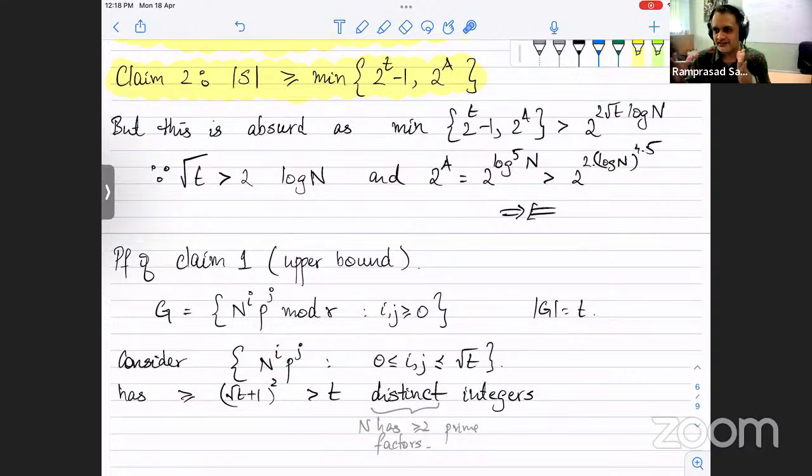And the offset in terms of the power of p that divides it will tell you what j is. This would not have been true if n happens to be a power of a prime itself, because there could be different ways of getting n power i, p power j to be the same. But if you know for a fact that n has at least two prime factors, all of these are distinct integers. Okay, is this okay so far?